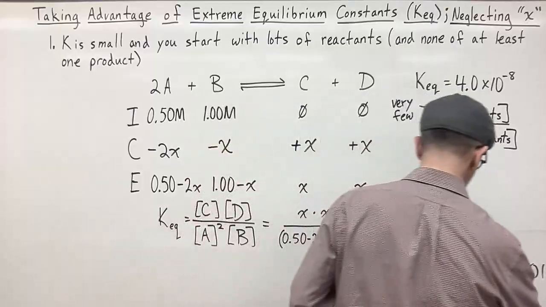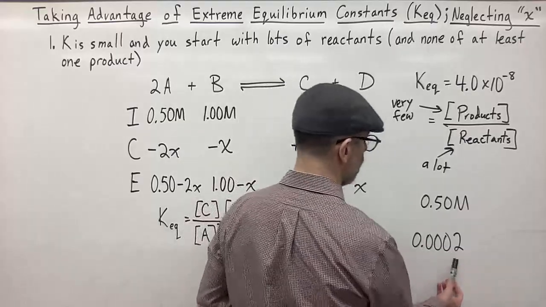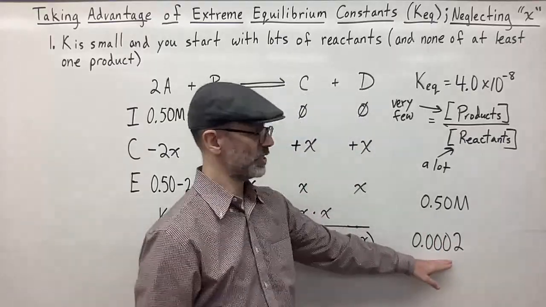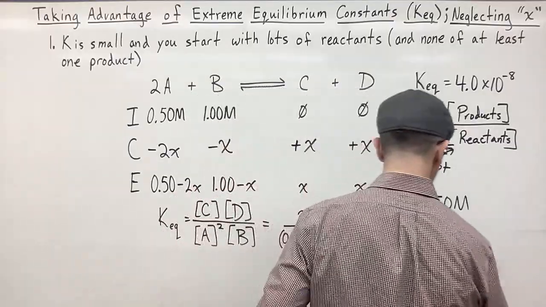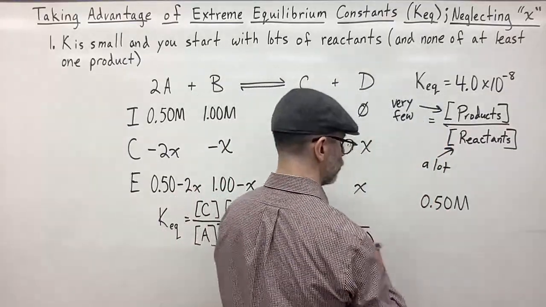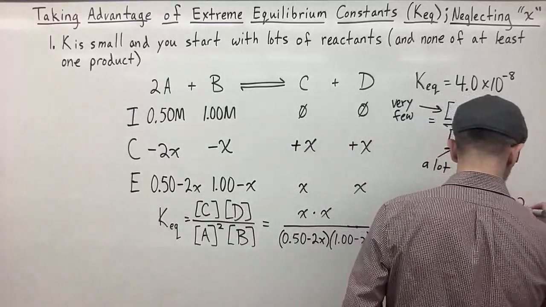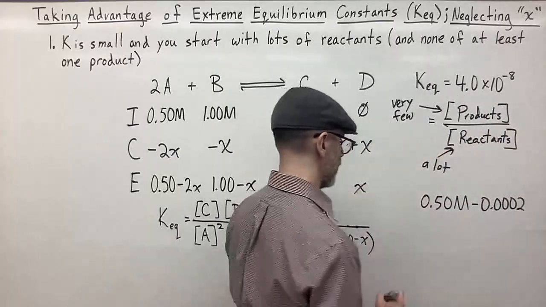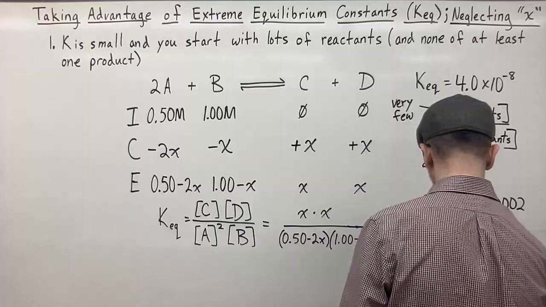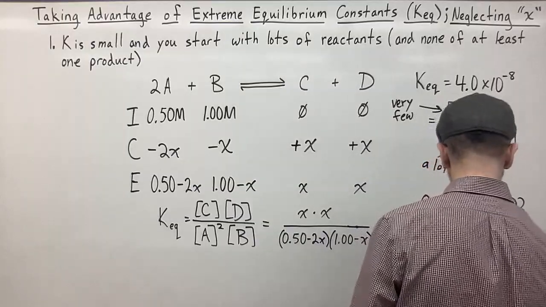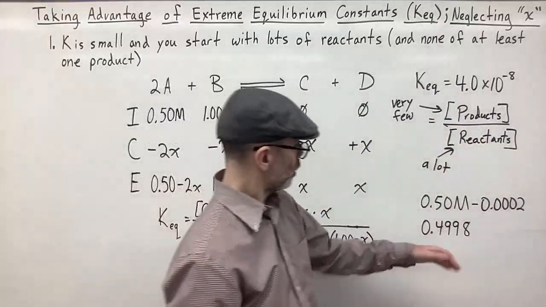So for example, if X was 0.0002, and I subtract that from my original concentration, I'll get 0.4998 molar.